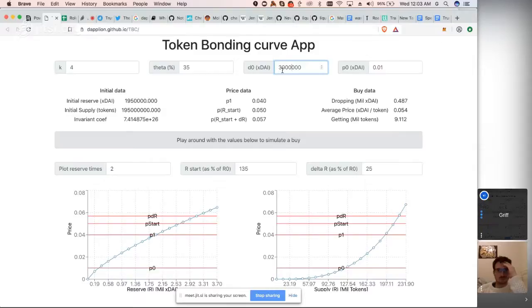So D naught times theta, which is 0.35 in this case, is how much goes to the funding pool. That's the amount dedicated towards helping the rainforest, or whatever the Commons is doing. And then 1 minus theta times D naught is how much goes into the token bonding curve.